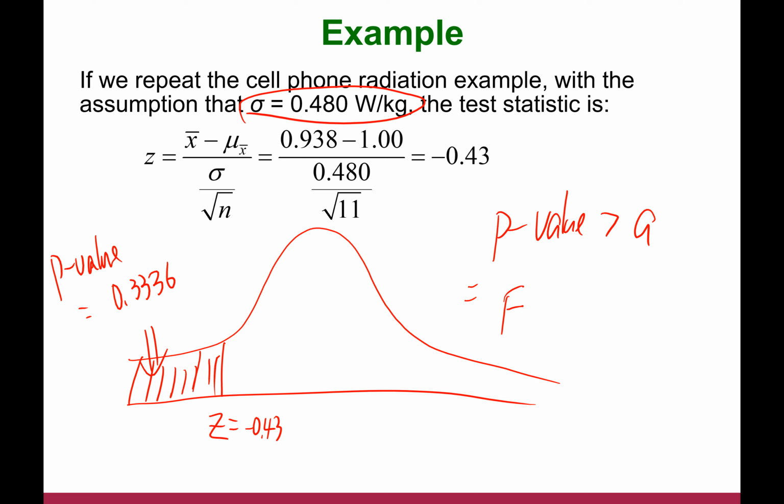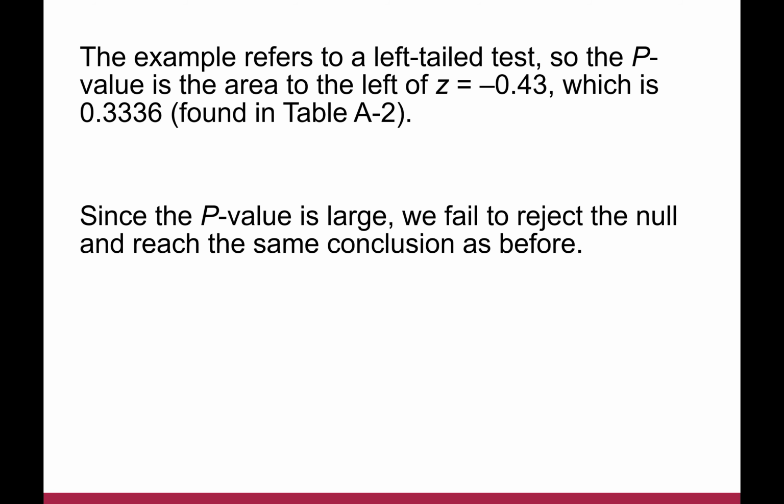So we fail to reject H0. It's a very similar conclusion. Since the p-value is large, we fail to reject the null hypothesis and reach the same conclusion as before. So it's a very similar procedure, just using different tables, Z table versus T table.